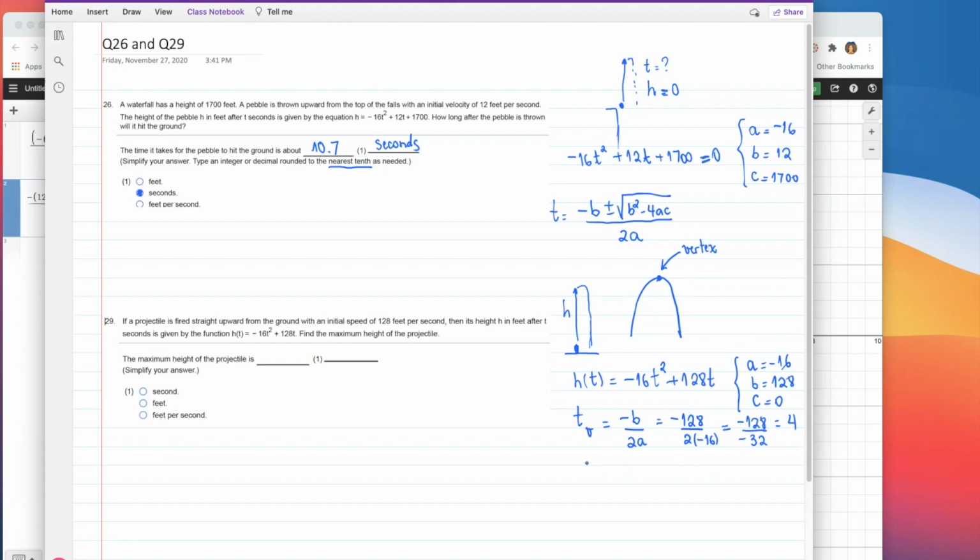And then I go back to the original function, and I want to find what the height is after 4 seconds, because they don't want how long it takes to get to the maximum height. They want to know what the maximum height is. I know that it will take 4 seconds to reach this maximum height because it's the x of the vertex.